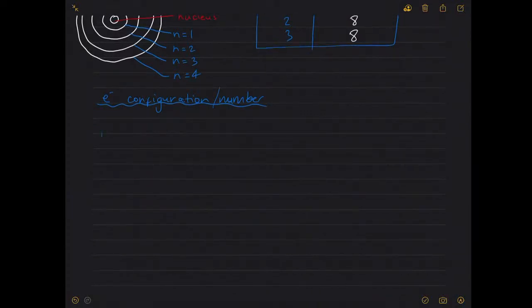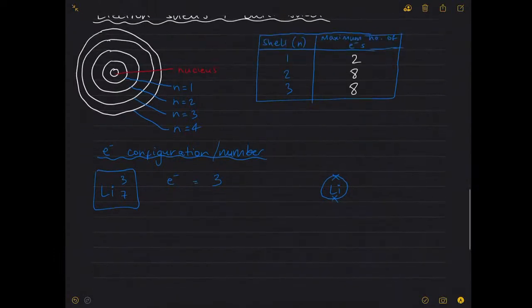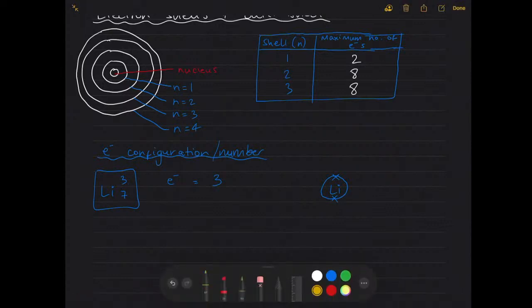If we go back to our example of lithium, the number of electrons in lithium is 3, which means if I drew lithium out for you, you'd start with Li, and the first shell would have a maximum of 2 electrons before it becomes completely full. Which means the third electron has to go onto the next shell, number 2.